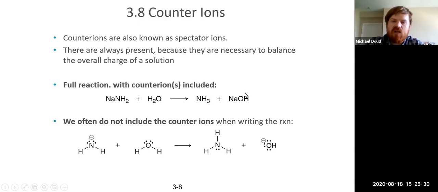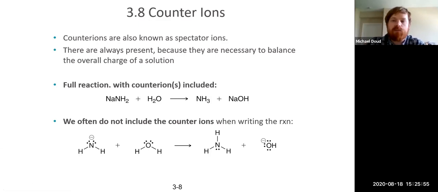If you include the sodium, it balances the charges nicely, but the sodium doesn't really do anything. It doesn't pick up or give away any electrons, so it's not involved in the reaction. Most of the time we won't include counterions at all. We'll just write NH2 minus plus H2O forming NH3 and OH minus. So get used to not involving the counterions.